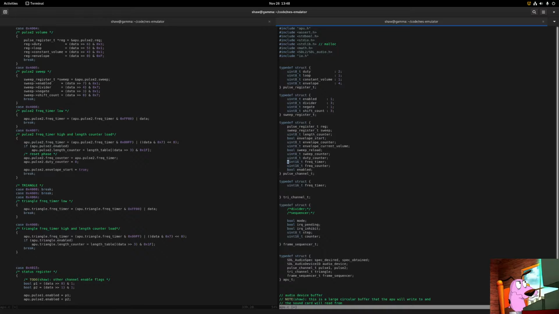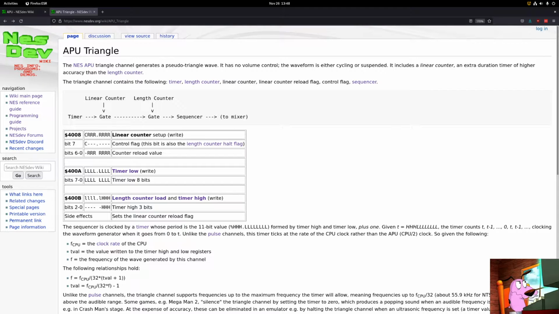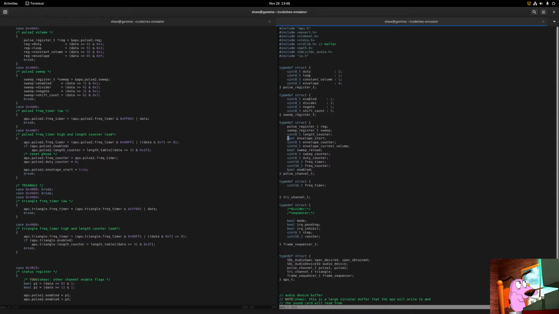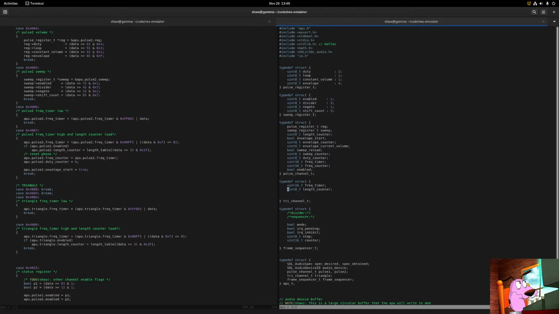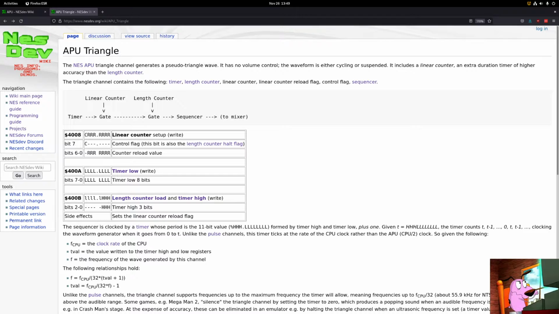We got the frequency timer, length counter. And the sequencer. So in the pulse, I think that's what the duty counter is.